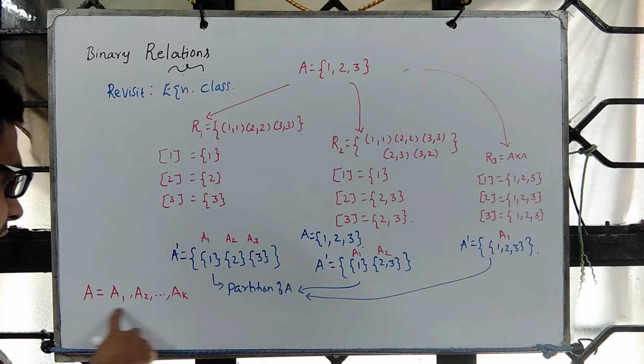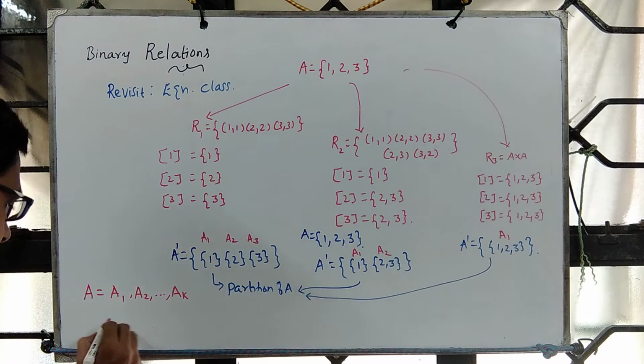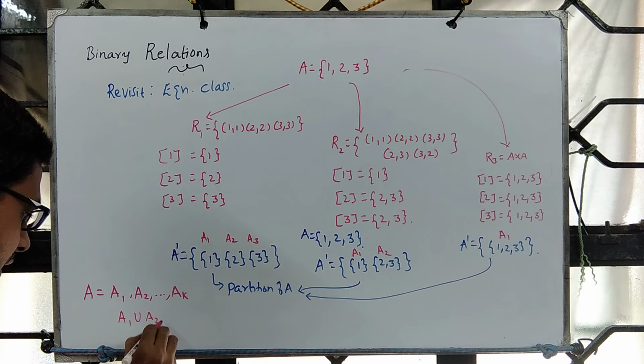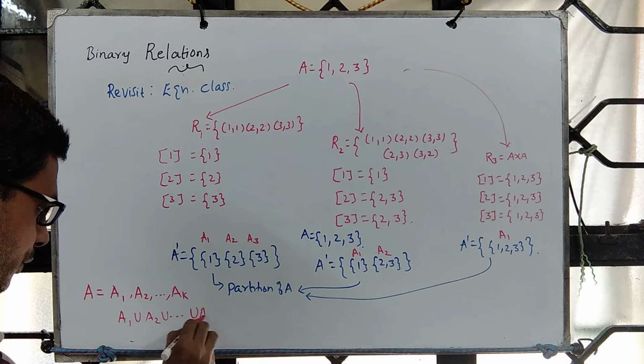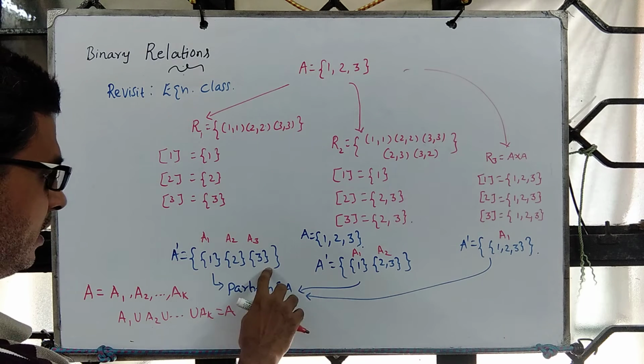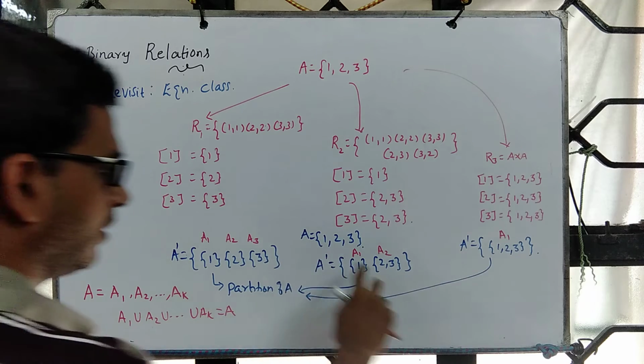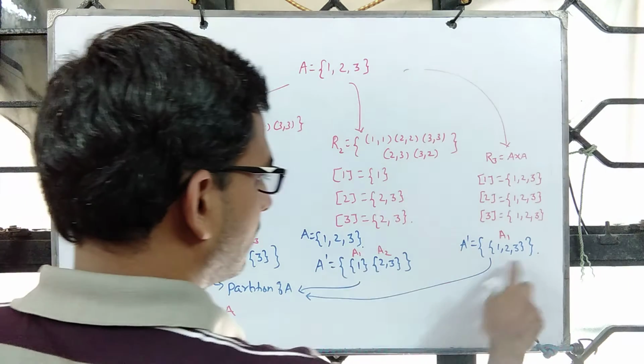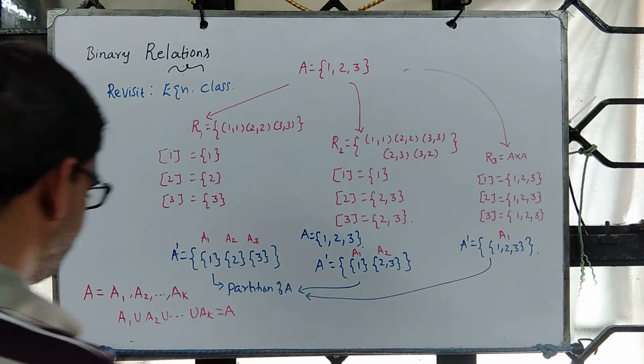You write A as A1, A2, up to Ak such that the union of A1, A2, up to Ak gives you the underlying set. You take the union, you get A. Take the union, you get this.